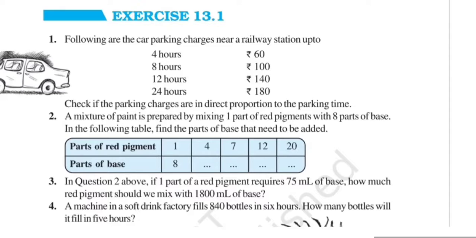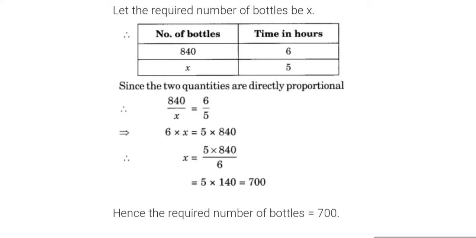A machine in a soft drink factory fills 840 bottles in 6 hours. How many bottles will it fill in 5 hours? See the solution. Here for 6 hours, the number of bottles is given, 840, and we have to find for 5 hours. So suppose it is X. The two quantities are directly proportional.